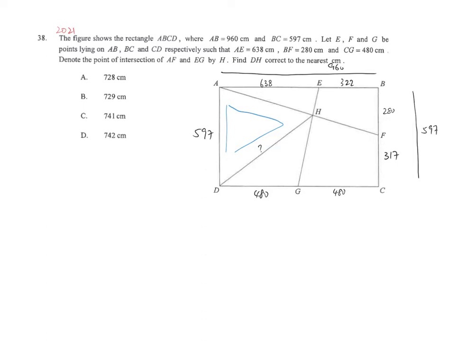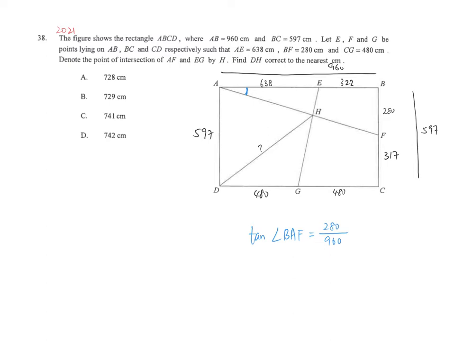To tackle this problem, first we will have to find this angle right here, angle BAF, because the AB length is given and BF is given. If you use tangent, you'll be able to find the answer. So find the tangent of angle BAF, which is opposite 280 divided by the adjacent side 960.